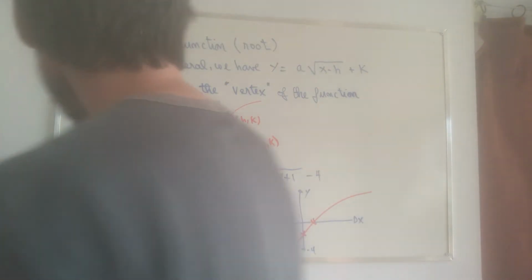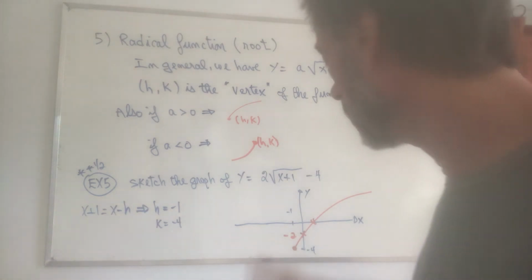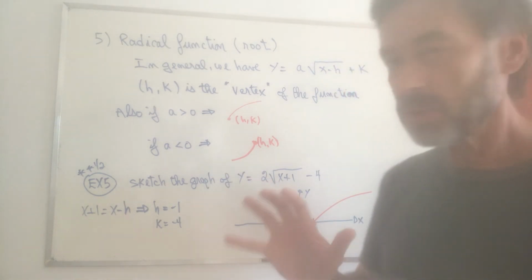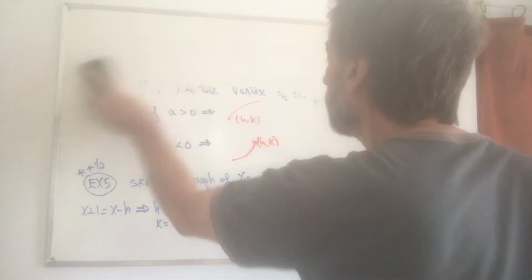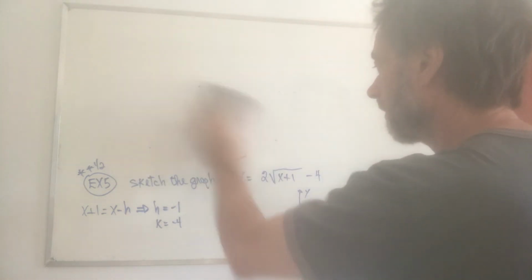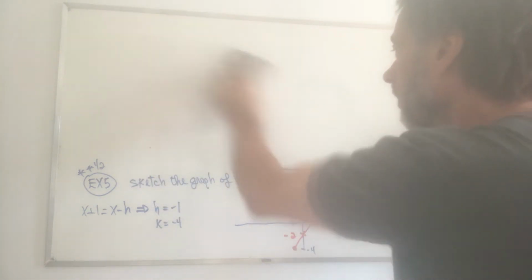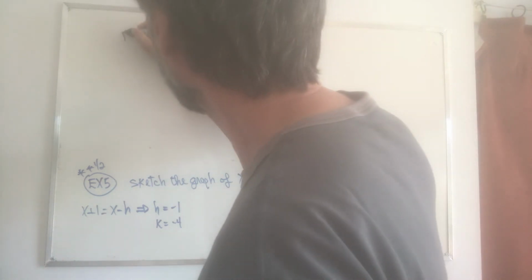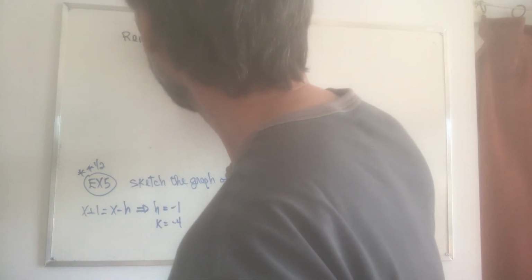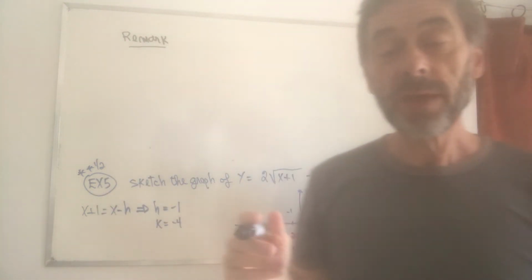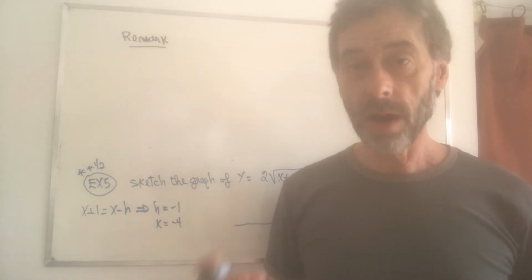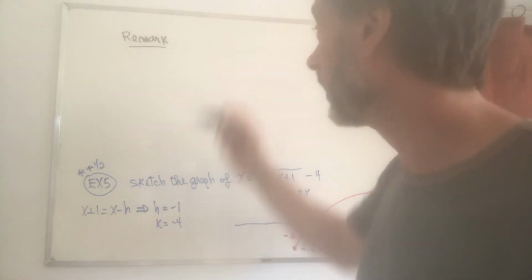Good. Excellent. As you can see here, this is not super complicated. One little remark before we go on about this radical function. This actually, just like the rational function, doesn't have a domain of R. It has a restricted domain.